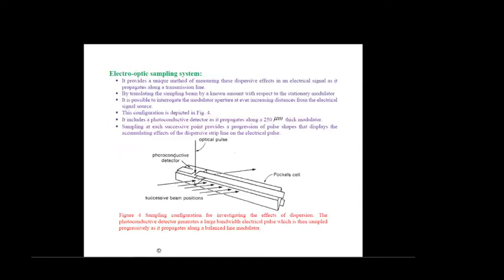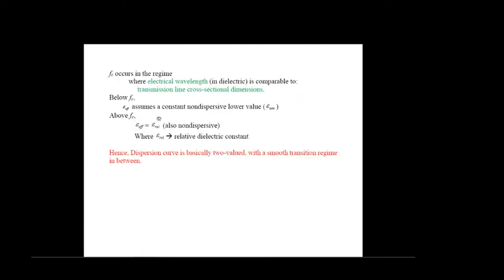So in this regime, we begin our discussion below the critical frequency, where epsilon effective assumes a constant non-dispersive lower value, termed epsilon TEM, and above the critical frequency it is equal to a higher relative dielectric constant, epsilon rel. So below the critical frequency we have epsilon TEM, and above the critical frequency it is equivalent to the relative dielectric constant epsilon rel. So continuously the epsilon effective will be changing.